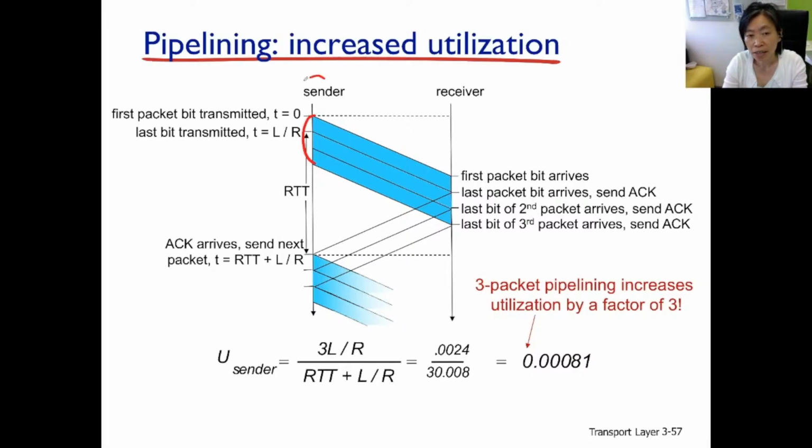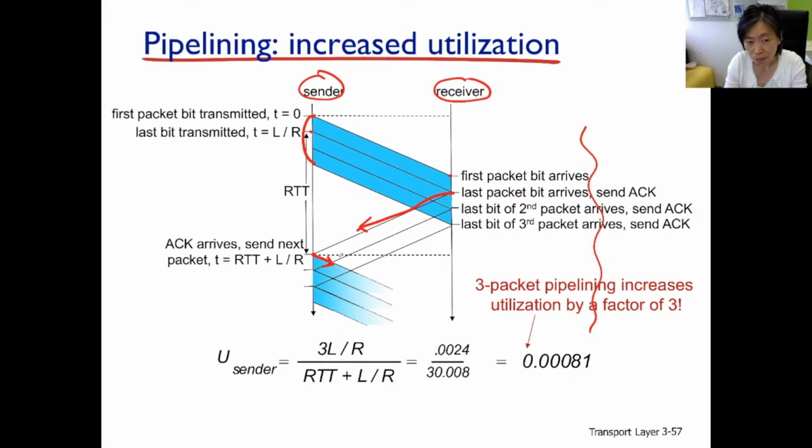So let's look at the plot in a bit more detail, just like we did on the previous slide. Sender, receiver, and timeline again. This is the time we send the first packet, the end of the first packet. This is the time of the first bit arriving at the receiver, and the last bit arriving at the receiver. At this point, the receiver can send back the acknowledgement. So this is the time the acknowledgement arrives at the sender, and the sender can begin sending the next round of packets.